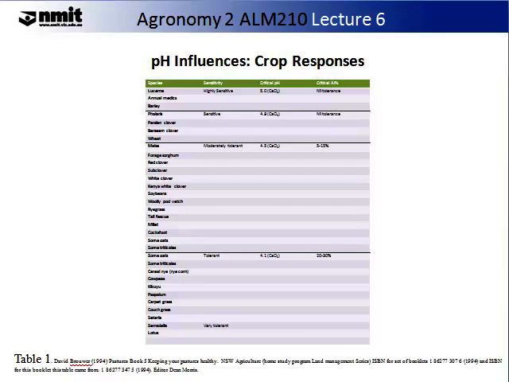For example, you will see lucerne and barley are highly sensitive to pH, while crops such as couch grass and lotus are very tolerant to low pHs. You will also notice in this table that the critical tolerance to aluminium is quoted too. Aluminium toxicity seems to be associated with the response of the plants to low pH.